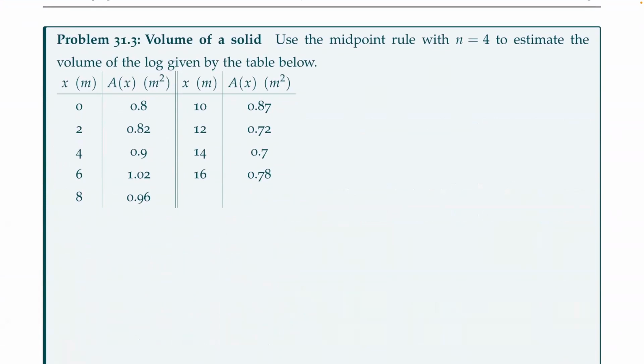So we're going to use the midpoint rule with n equal to 4. That's telling me we're going to have 4 cross sections through this particular solid to estimate the volume of a log. And these cross-sectional areas are given in this table below, okay? So when x is at 0 meters, at the start of this solid, the cross-sectional area is 0.8 meters squared.